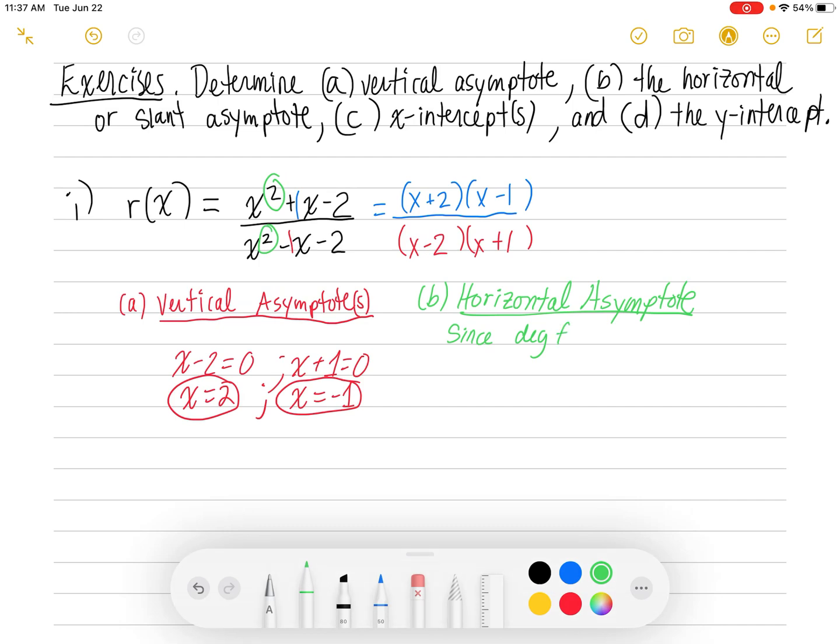So since the degree of the top, I'll call it f of x, equals 2, and that's equal to the degree of the bottom, we'll call the bottom one g of x, then there's a horizontal asymptote.